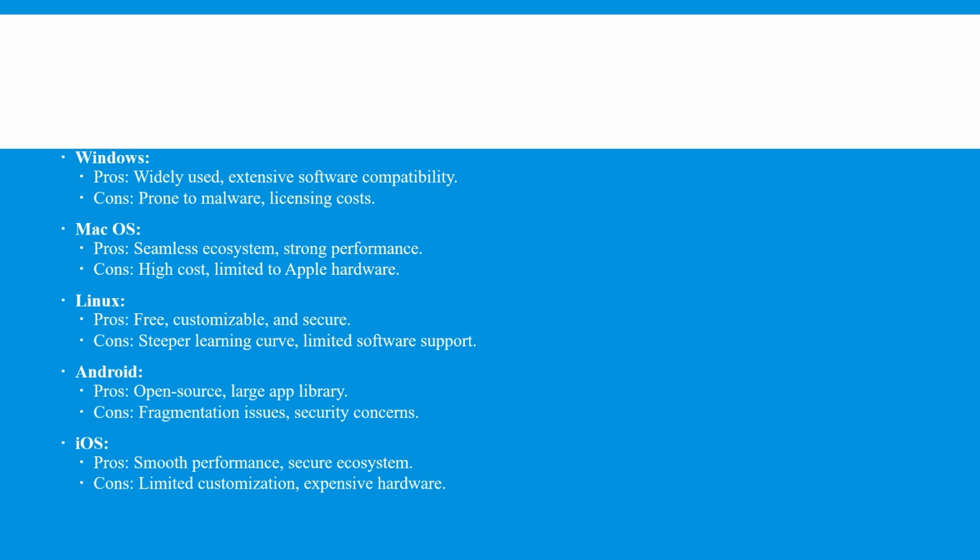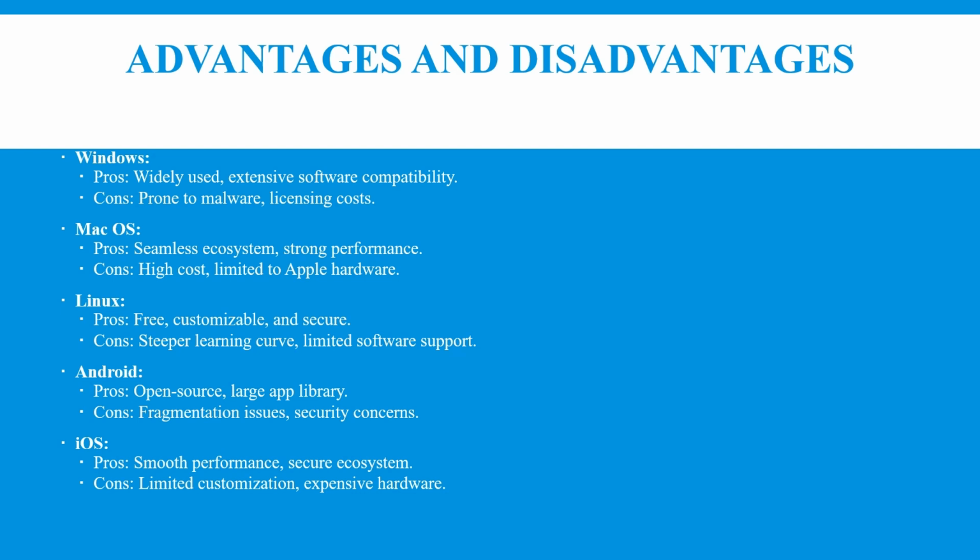It is a disadvantage. macOS: seamless ecosystem, strong performance. These are advantages, but the disadvantages are high cost and being limited to Apple hardware. Linux operating system advantages can be called free, customizable, and secure, but the disadvantages are a steeper learning curve and limited software support. It is also a disadvantage.